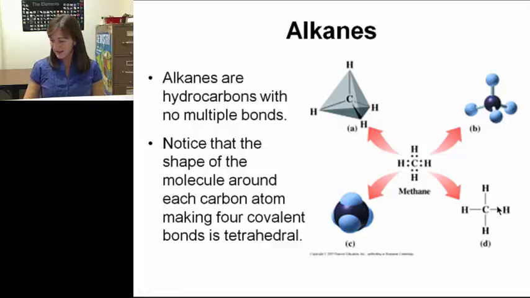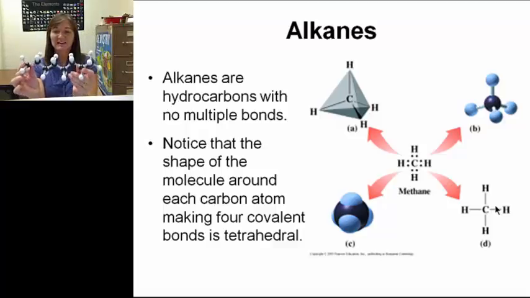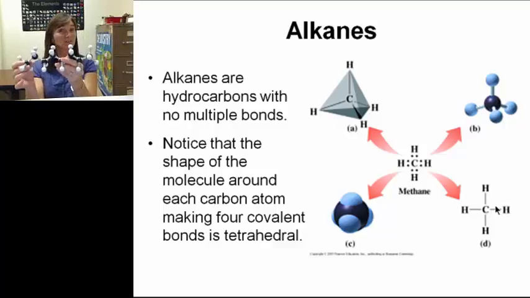I went ahead and put together a model kit for you. Not sure how well it's going to show up on the camera, but we're going to give this a try. A couple things to notice. So this is an alkane, and every carbon has a tetrahedral shape around it. That might be hard to see, but what I do want you to notice is since it's tetrahedral, the shape that the carbons get into.